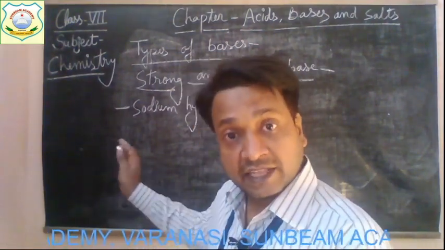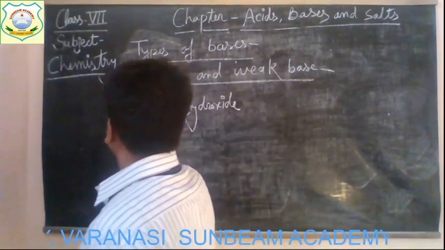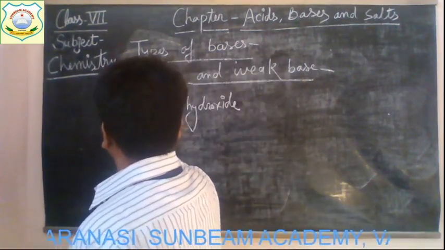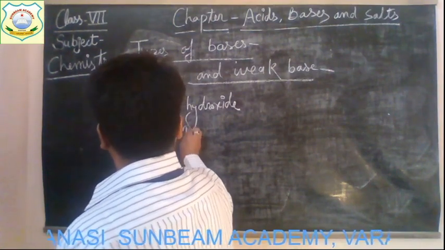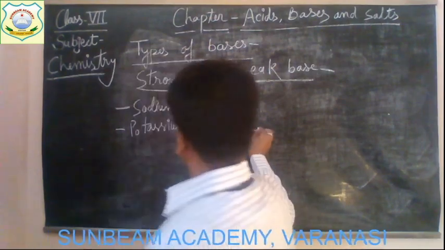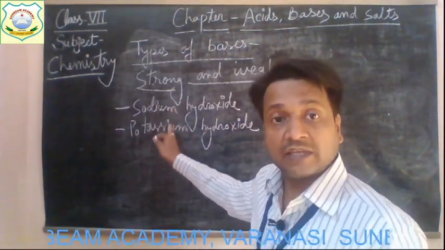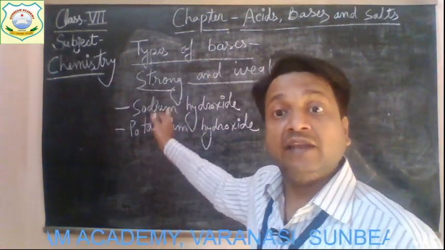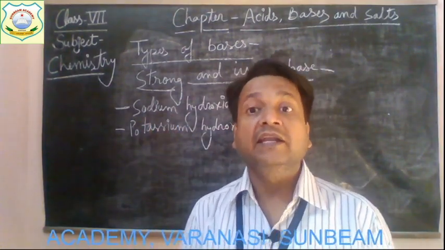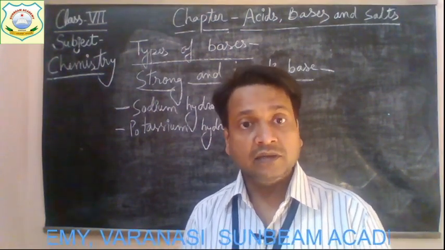Another example of strong base is potassium hydroxide. So these two are the examples of strong bases, and they are corrosive and can burn the skin. Got it, children?